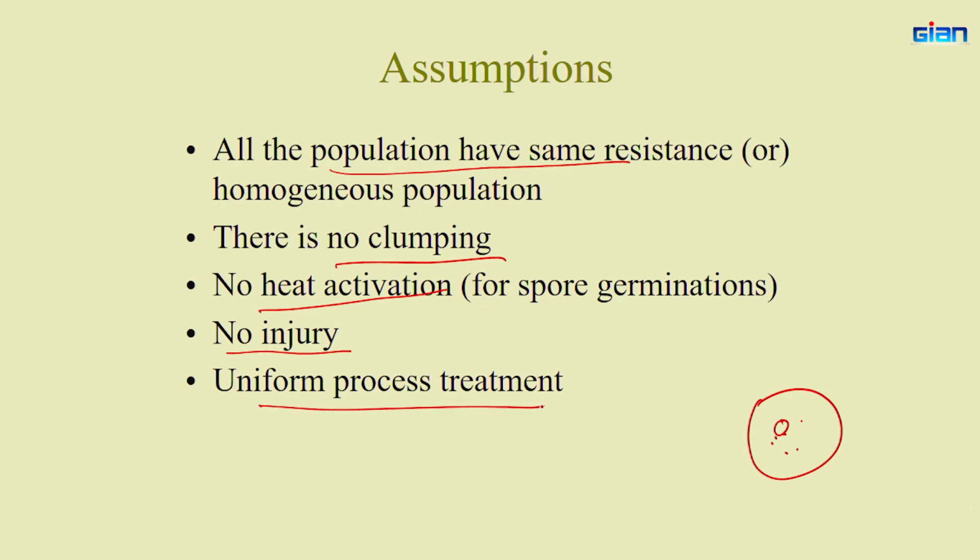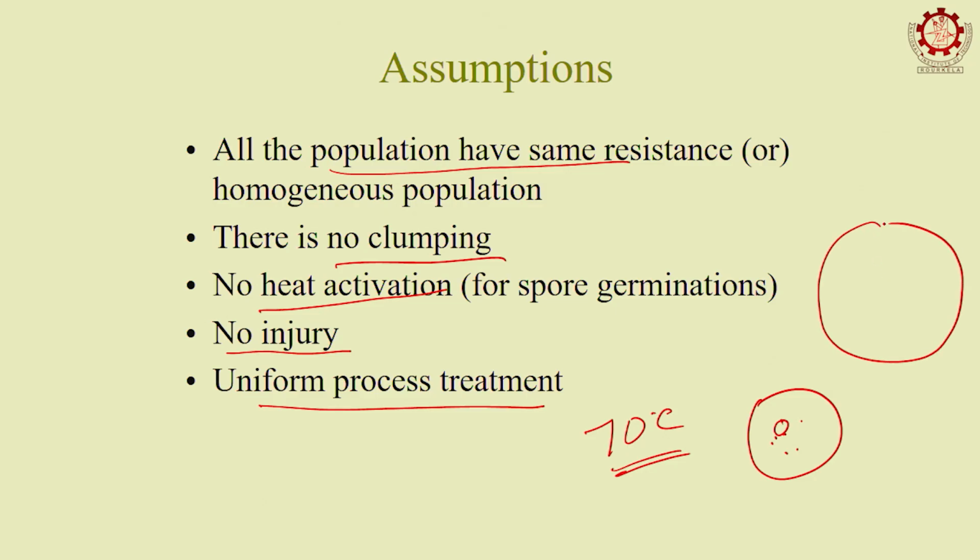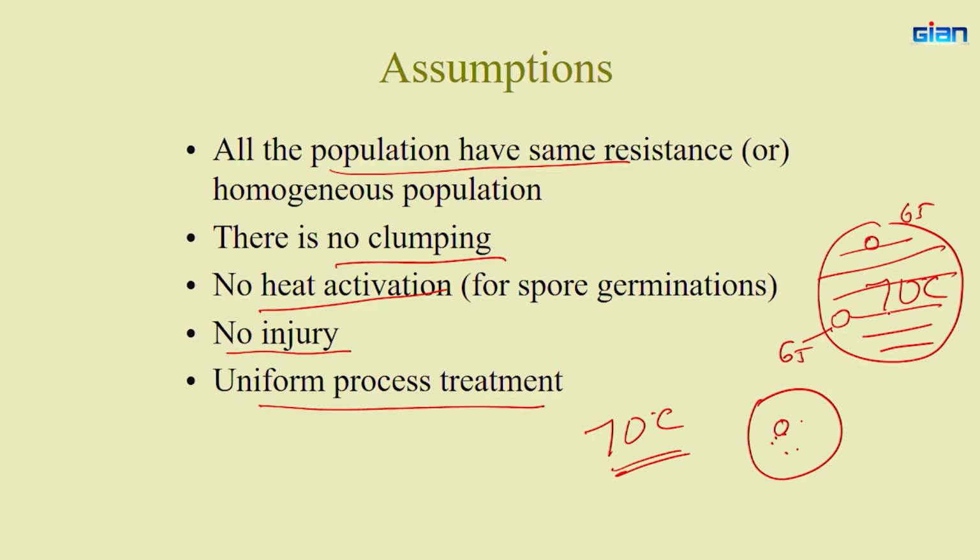And then we also assume that the process treatment is uniform. So when I say I'm going to process at 70 degrees Celsius in a big autoclave, you assume the entire autoclave is going to be at 70 Celsius. It's possible maybe this section here is 65, this section is 65, and the rest of the section is 70.